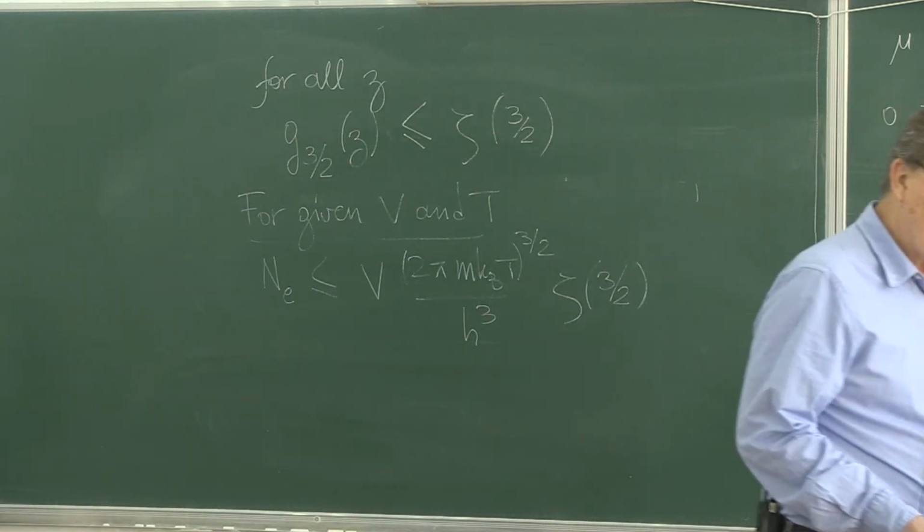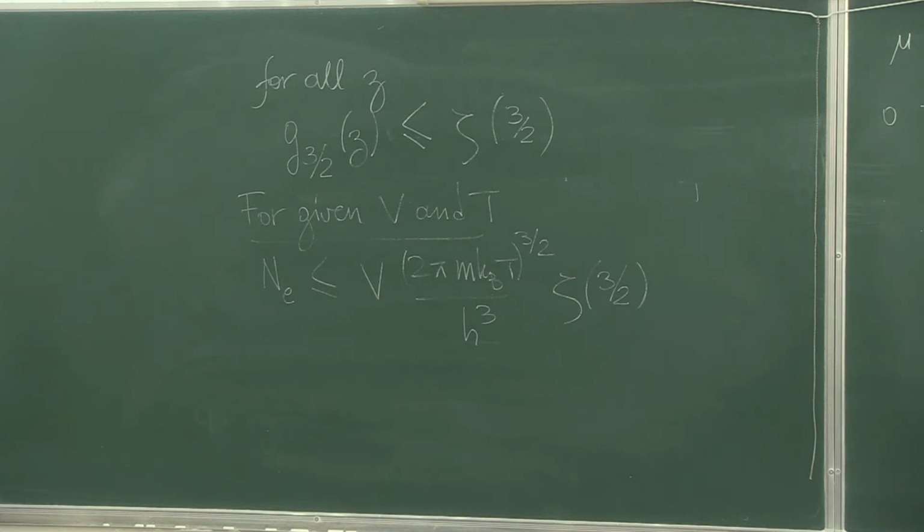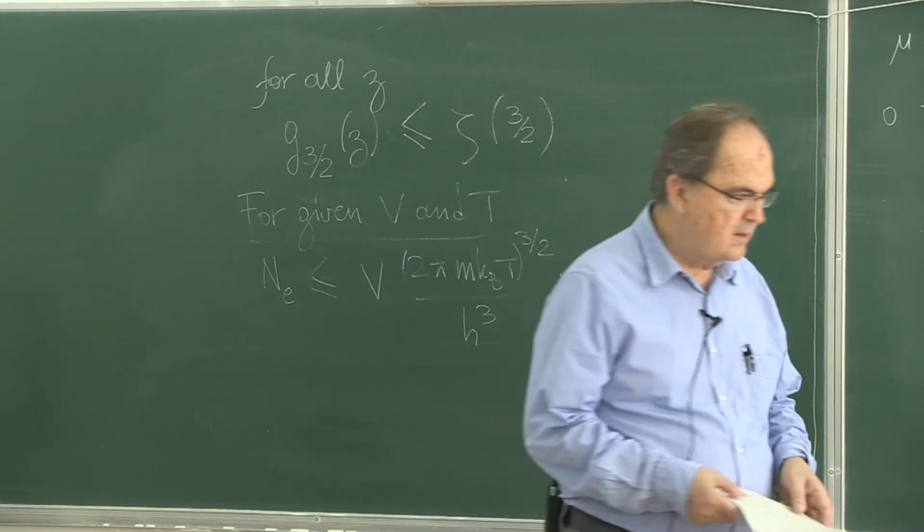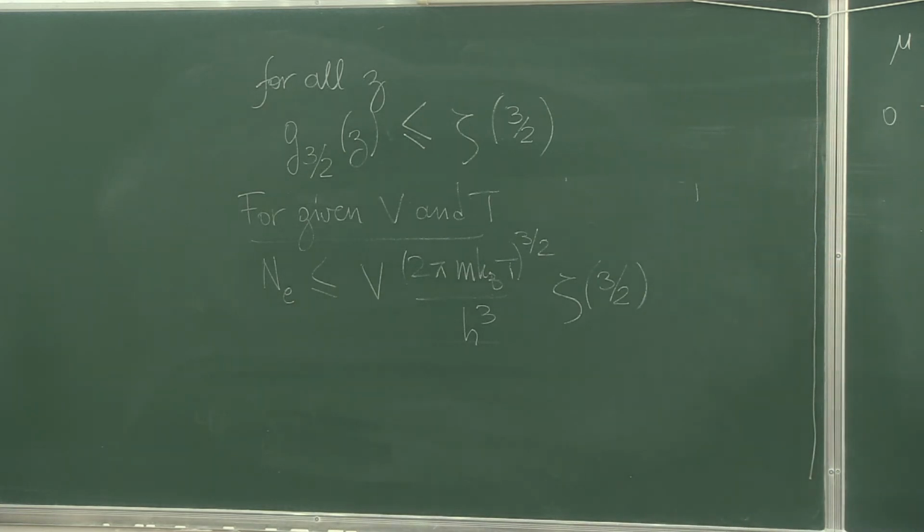And the ground state has an unlimited capacity. You can put as many particles as you like in it. So that's our important limit.